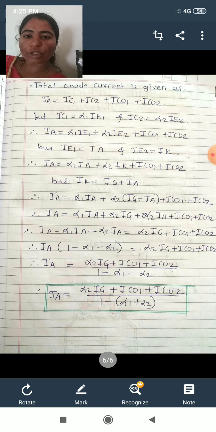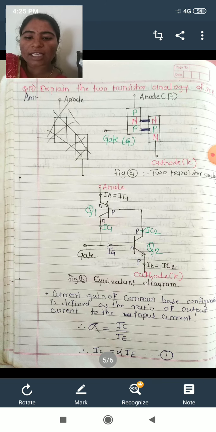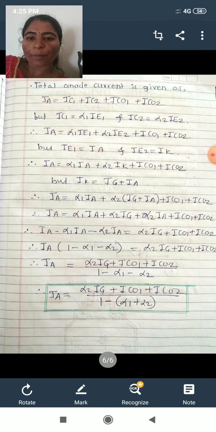We already found that IC is alpha times IE. Putting these values in, we get IA equals alpha 1 IE1 plus alpha 2 IE2 plus ICO1 plus ICO2.